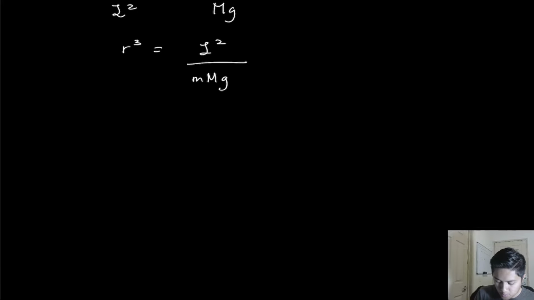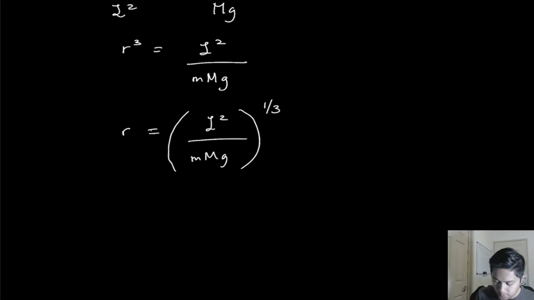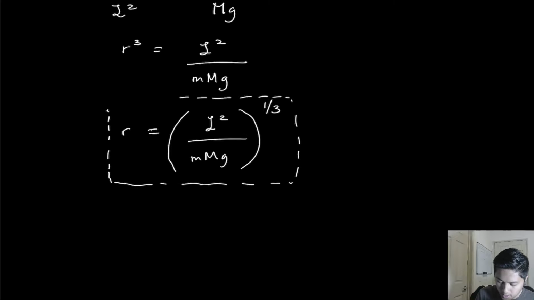And finally, the radius is now determined by just taking the cube root of each side. So we'll have angular momentum squared over little m big Mg, all of this to the 1/3. And so this is the radius at which perfectly circular rotation occurs for the little mass.